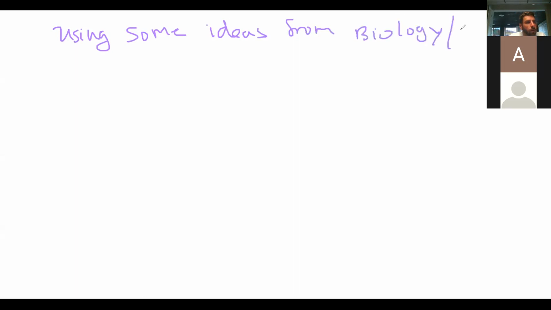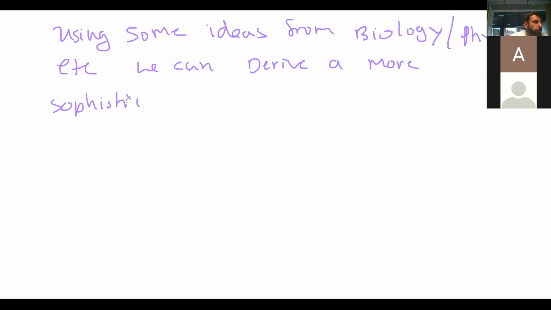So if we use some ideas from biology, physics, chemistry, blah, blah, blah, we can derive a more sophisticated and accurate model. I'm going to put the word accurate in quotations, because remember, this is just a model. It doesn't explain exactly, but it's more accurate.